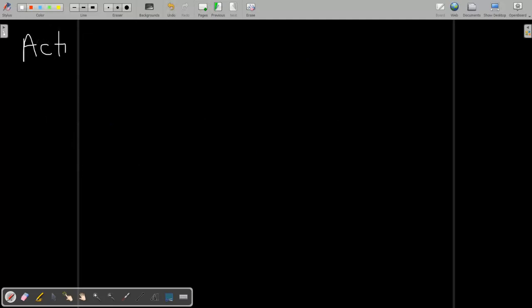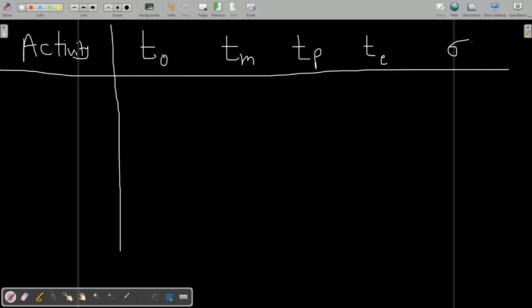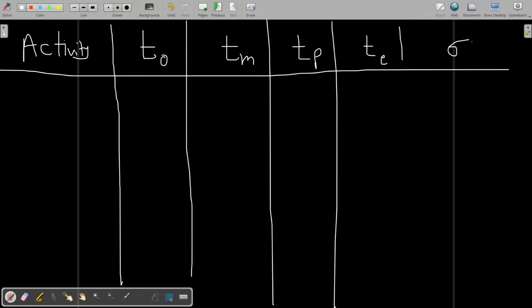The columns are activity, optimistic time, most likely time, pessimistic time, and then our expected time and variance. Draw a horizontal line to differentiate this. First, activity 1 to 2 has optimistic time 1, most likely time 1, pessimistic time 7.